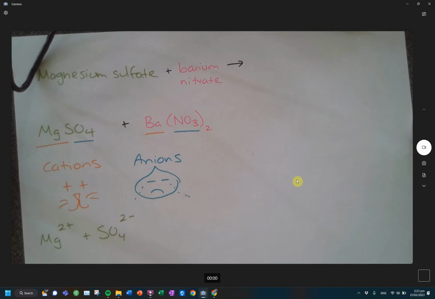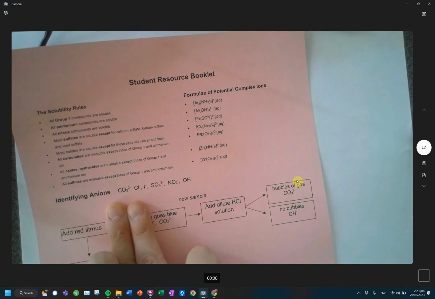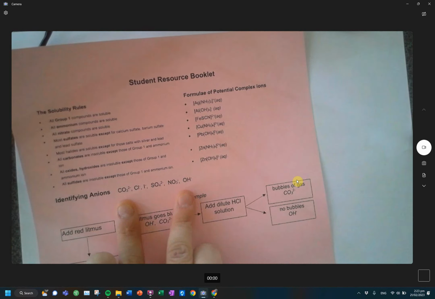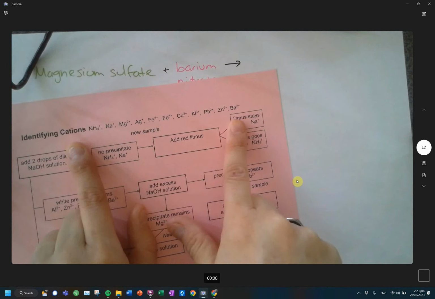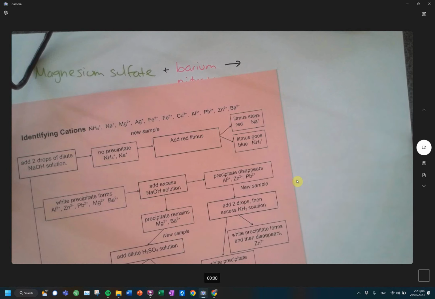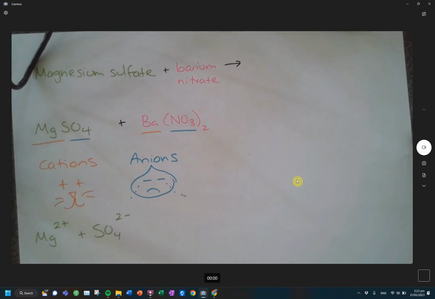And on that resource sheet, if I just hunt around for guys, I can see that I've given myself a list of all the ions and their charges. Same thing on the other side. A list of all the ions and their charges. So even though, yes, we are not giving you a table of ions this year, we are giving you ions in a different way. So still look for them.